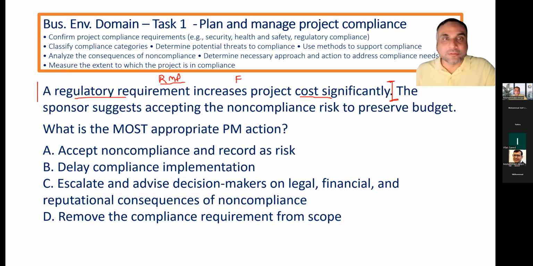Fixed price. But which fixed price contract can you use here? To balance the risk between buyer and seller. Listen carefully.